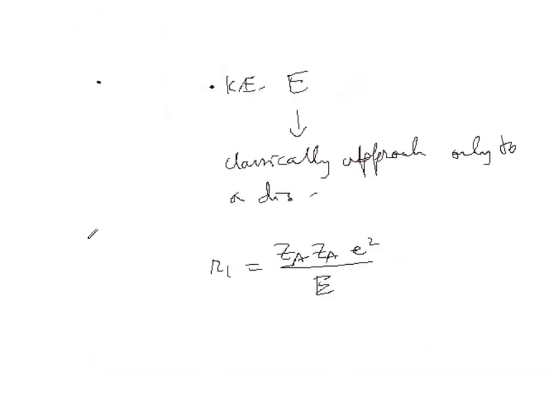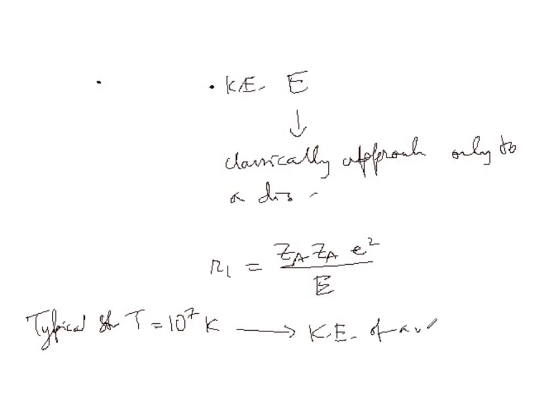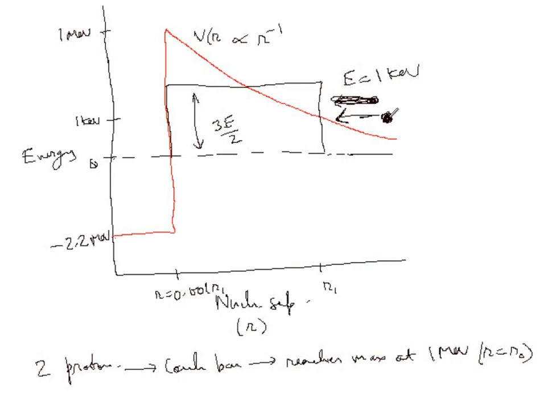Now at a typical internal stellar temperature of, say, 10 to the power 7 Kelvin, what is the kinetic energy of the nucleus? Kinetic energy of a nucleus is 3 by 2 kBT, and if you calculate, this is of the order of 1 keV, and this is the reason that we have used a particle having energy 1 keV.